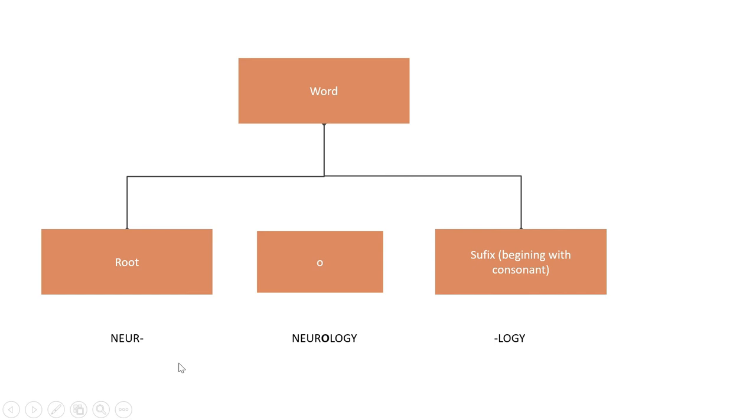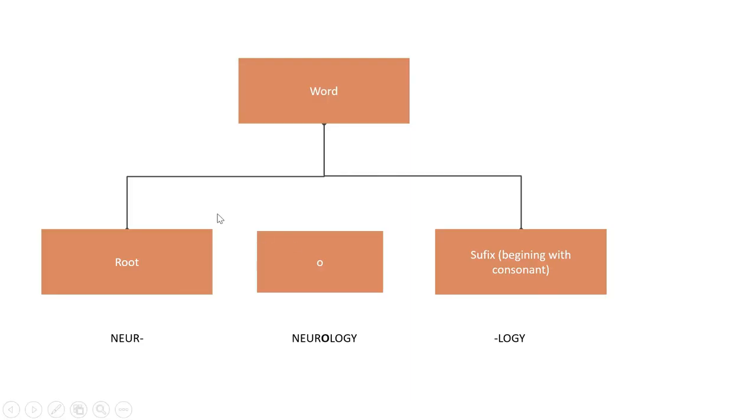We have our root, neur, which means nerve, and we have a suffix which is logi, which is the study of. Because this suffix starts with a consonant, we add a combining vowel to facilitate pronunciation. So in this case, it would be neurology and not neurlogy. You see the difference? It's easier to pronounce. That's the main point of the combining vowels or the combining forms.